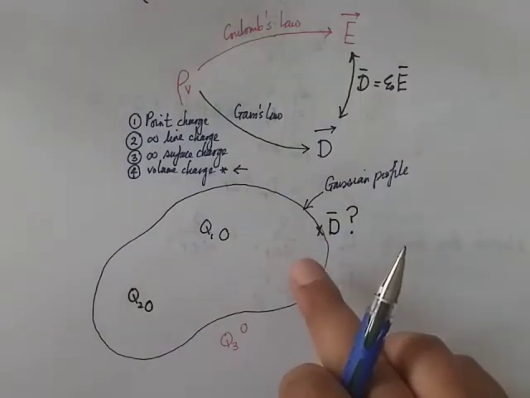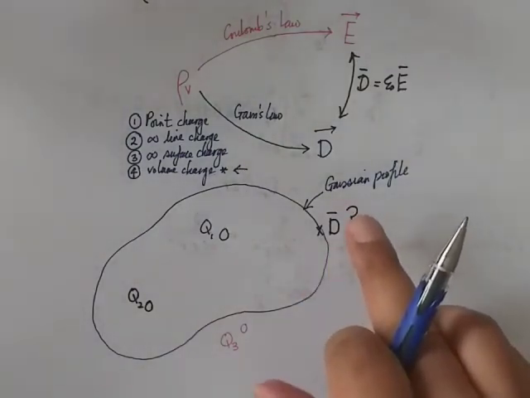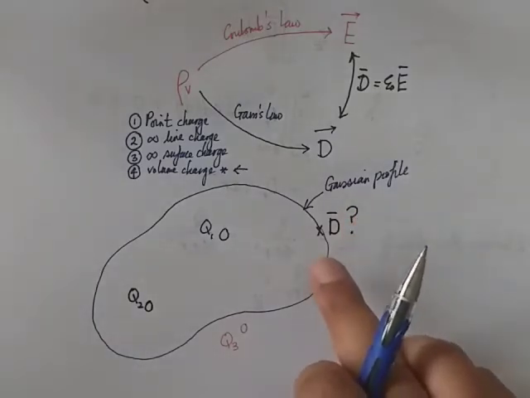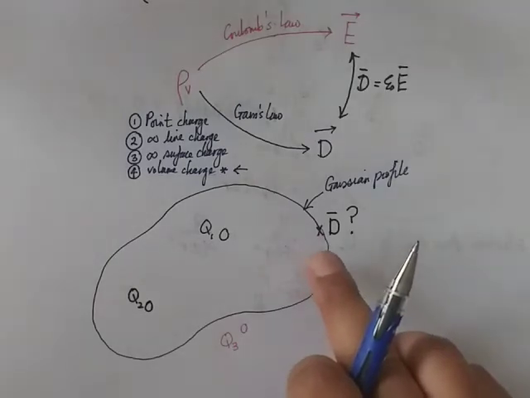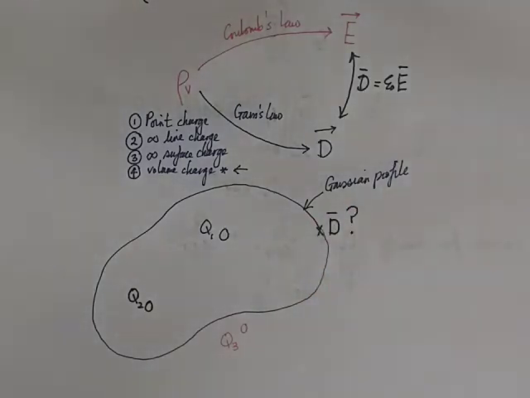Then I must build a sensor, which is known as the Gaussian profile. This Gaussian profile must pass through the point where the D should be determined, and it must be completely closed. When you have done that, you are on the correct track of using Gauss's law.